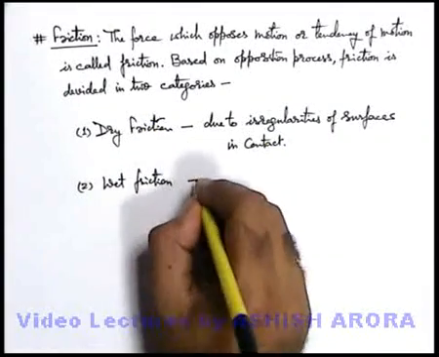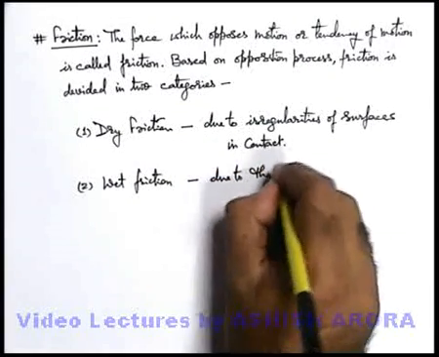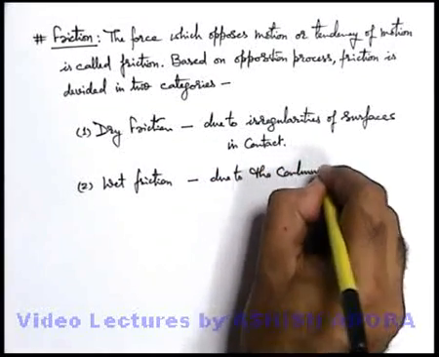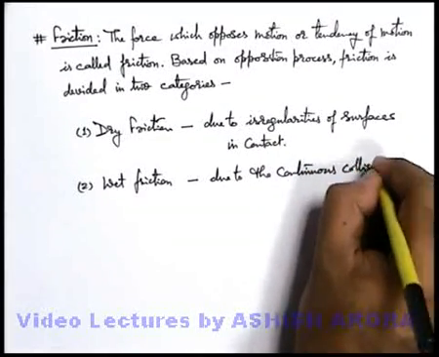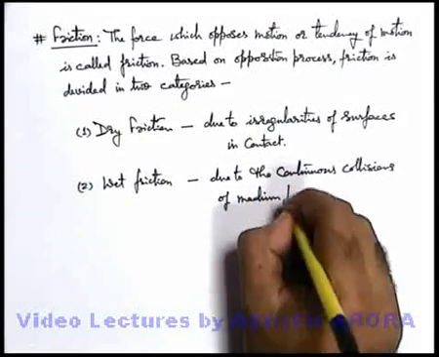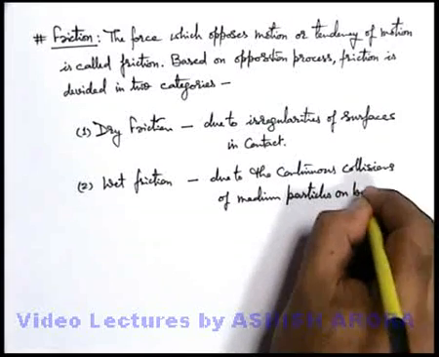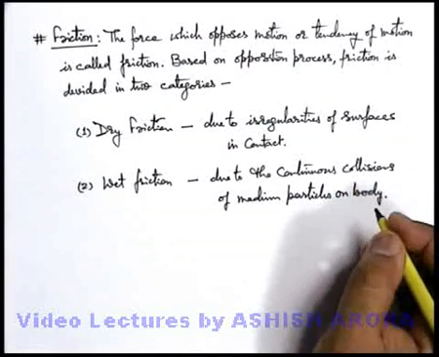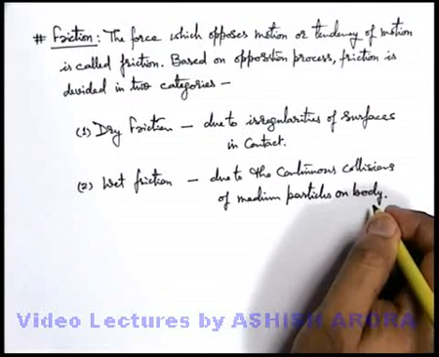When we talk about wet friction, it is due to the continuous collisions of medium particles on the body. When a body moves in air, particles continuously collide on the body.